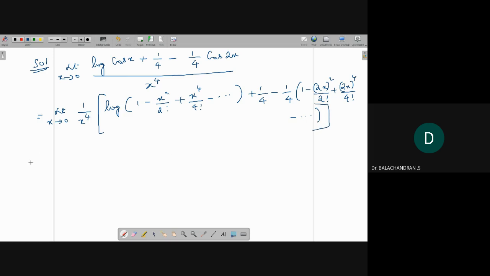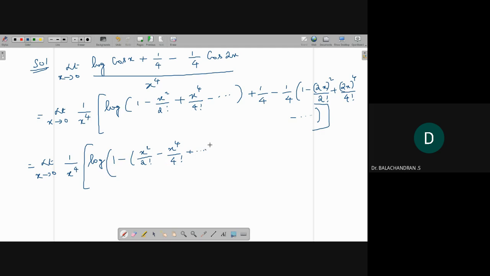So this is equal to limit x tends to 0, 1 by x power 4 into log of 1 minus. I took the minus out, because I want to write it in the form of log of 1 minus x: x square by 2 factorial minus x power 4 by 4 factorial plus and so on.